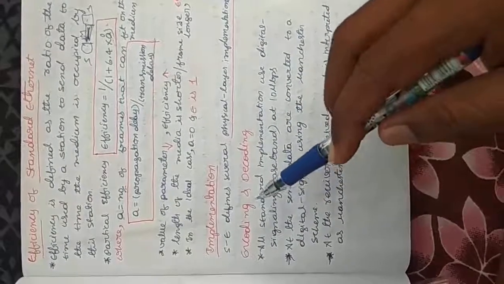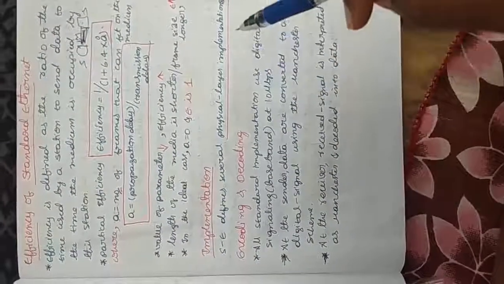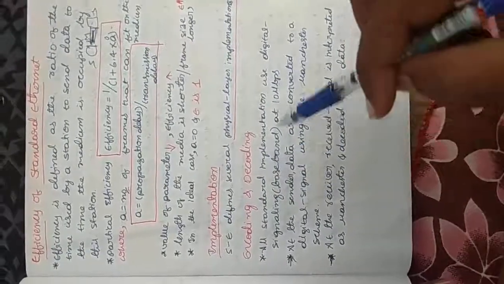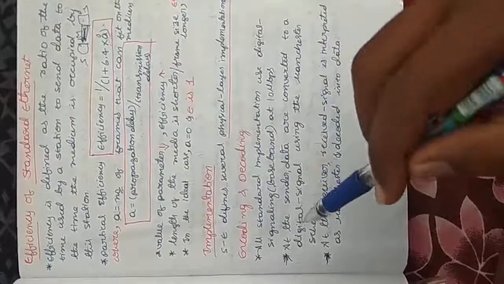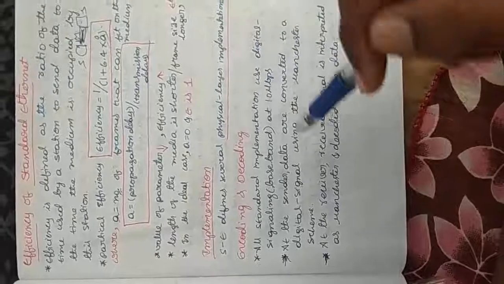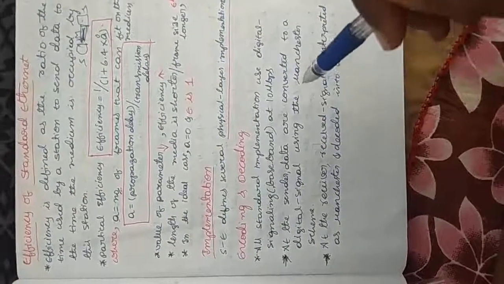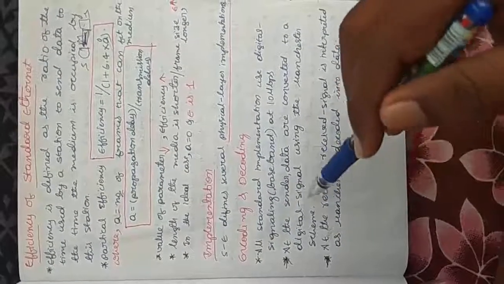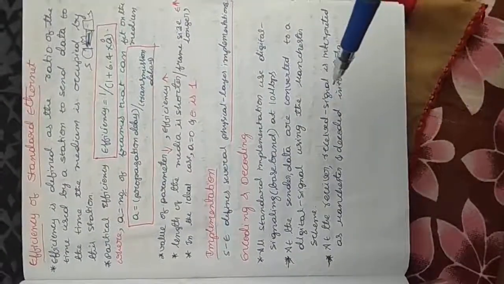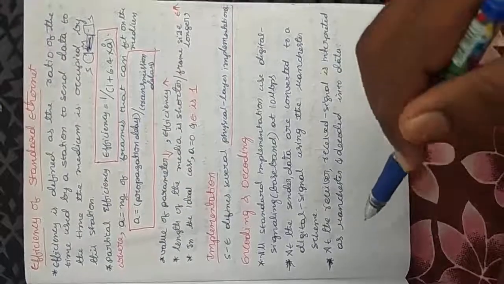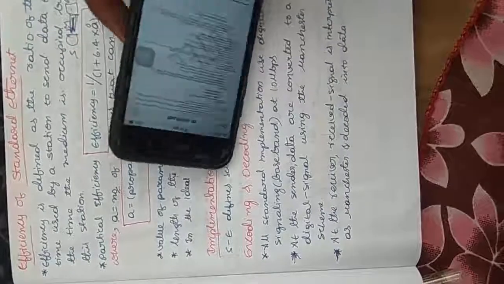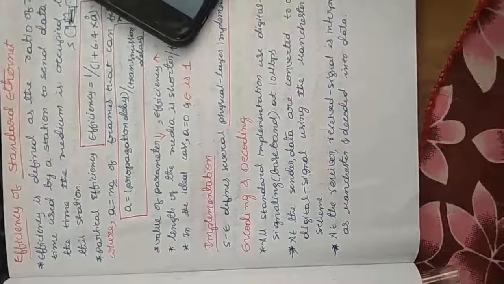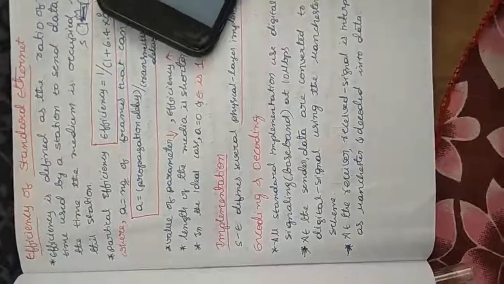At the sender, data are converted into digital signal using the Manchester scheme. At the receiver, the received signal is interpreted as Manchester and decoded into data. They are telling that we are going to use Manchester coding for encoding and decoding.